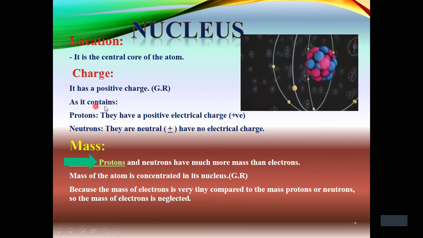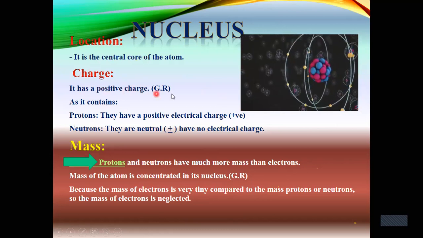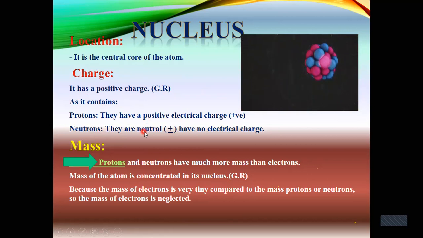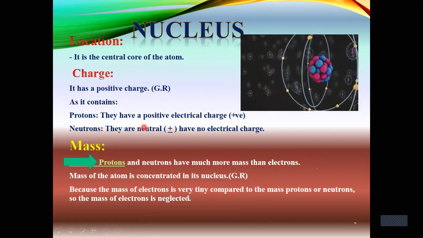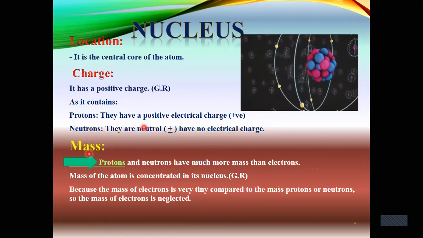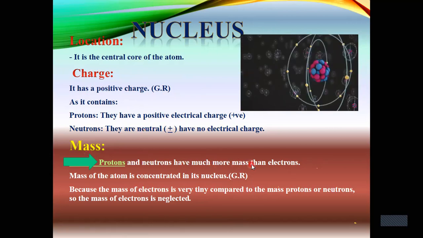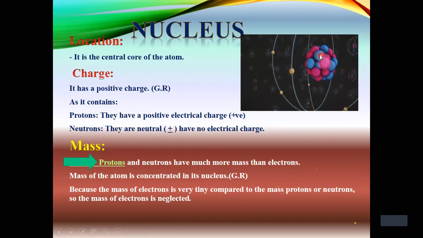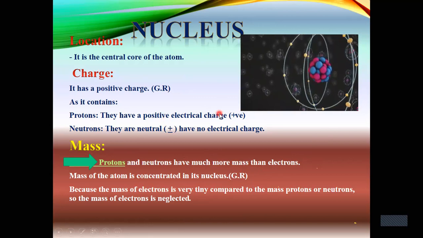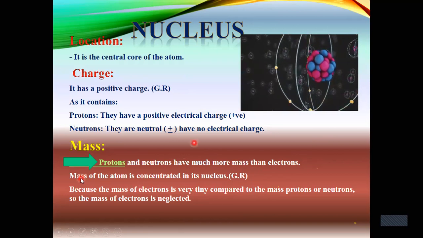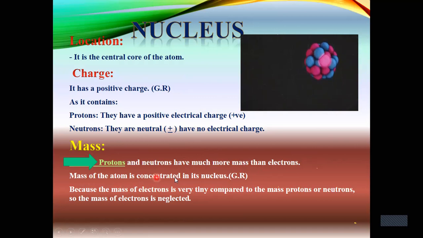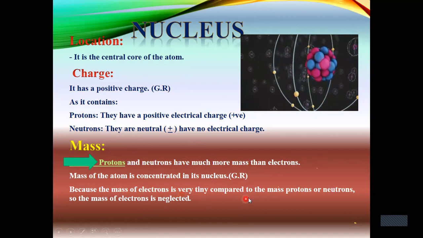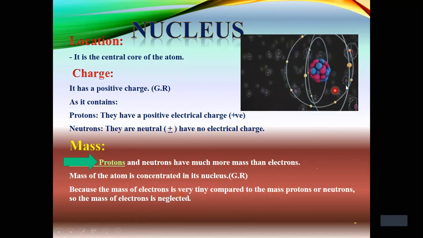يبقى السؤال لو جالك give reason the nucleus has a positive charge ليه؟ Because it contains positive protons and neutral neutrons أو no charged neutrons. تمام كده؟ تعالوا نشوف هنا الماس. البروتونز والنيوترونز مالهم؟ عندهم much more mass than electrons. يعني مش عايز اقول لكم ان الواحد من البروتون او الواحد من النيوترونز ب 2000 من الالكترونز او almost 2000. تمام؟ السؤال اللي بيجي ليه الماس of the atom concentrated in the nucleus؟ ليه؟ لأن الماس of electrons, because the mass of electrons is very tiny compared with the mass of protons and neutrons inside.